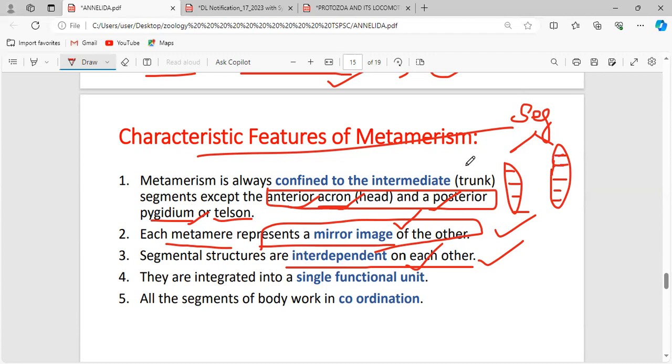Both the organisms have segments. But here, consider this as a phylum annelids. Here one segment will depend on the other segment, and this is said to be interdependent on each other. The perfect example for this is the phylum annelids, and I have also explained the name of the term. And here one segment will not depend on the other.